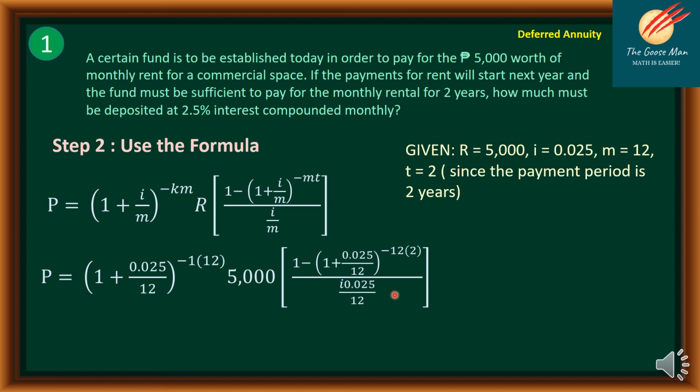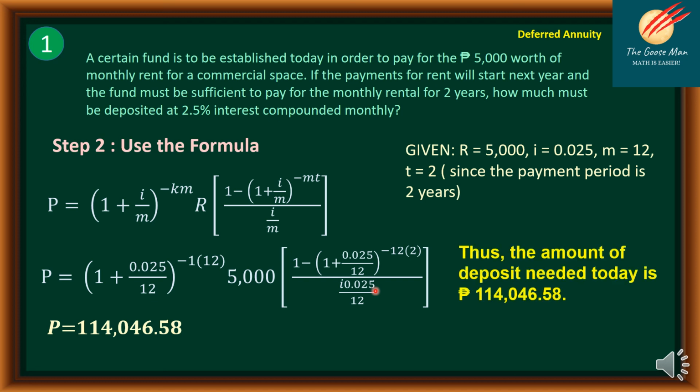Using the calculator, we have the value of 114,046 and 58 cents. So therefore, we can say that the amount of deposit needed today is 114,046 and 58 cents. So that ends our discussion on the deferred annuity.